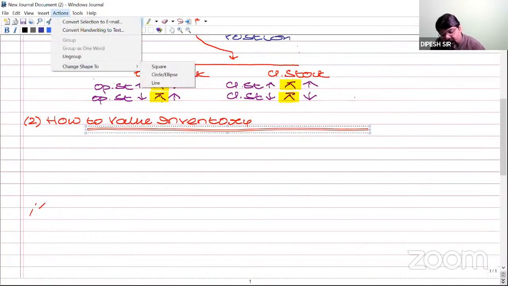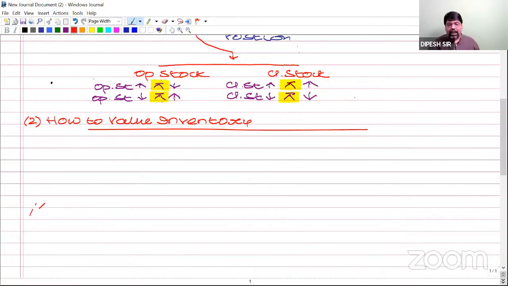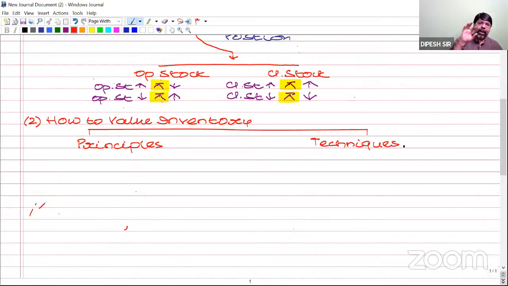First is principles of inventory valuation. And second is techniques of inventory valuation. Correct? So principles of inventory valuation, techniques of inventory valuation.